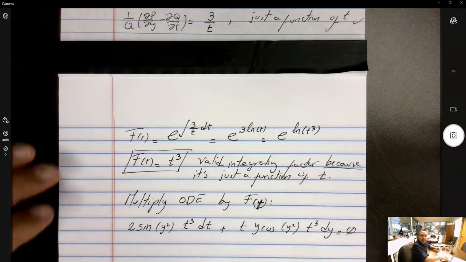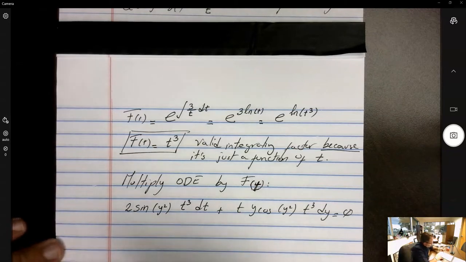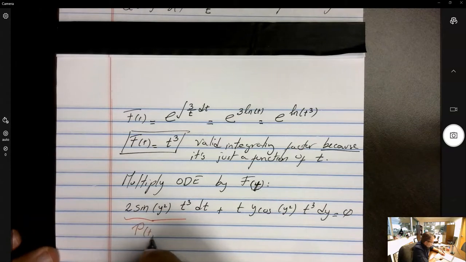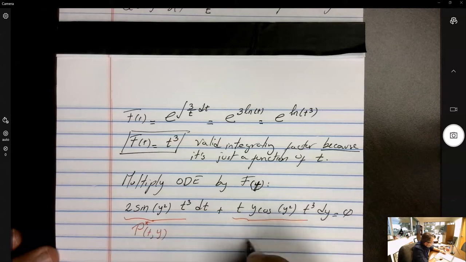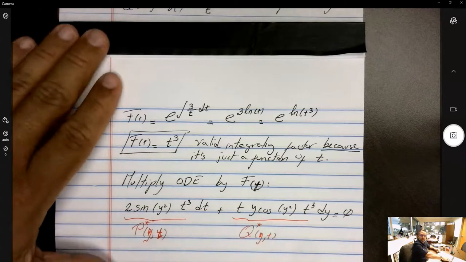So I seemingly didn't do anything to the equation. I just multiply the whole thing by t cubed. So the equation sign still applies. I just have a new P, I'm going to call it P star, and this one is a new Q, Q star. By the way, I've been using y and t instead of t and y, but that's okay, same thing.